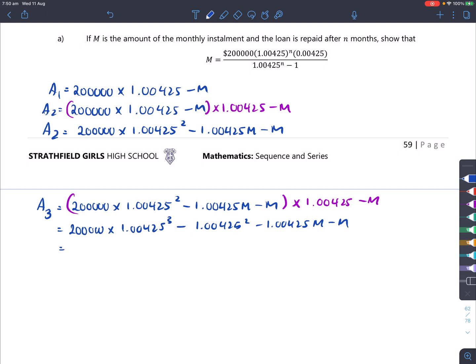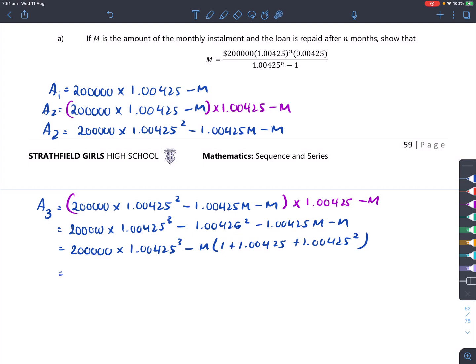And then we have to factorize out minus m from the end: 1 plus 1.00425 plus 1.00425 squared, like that.